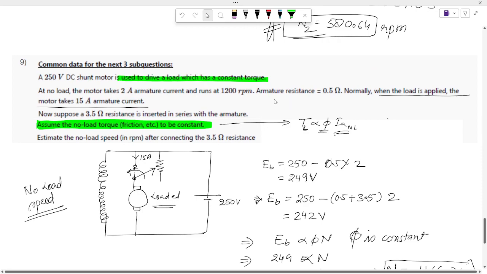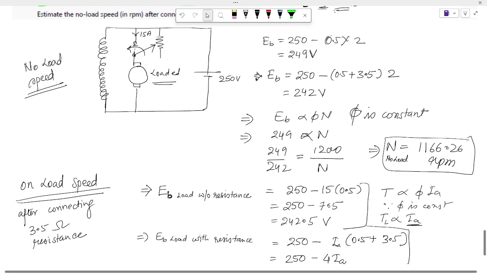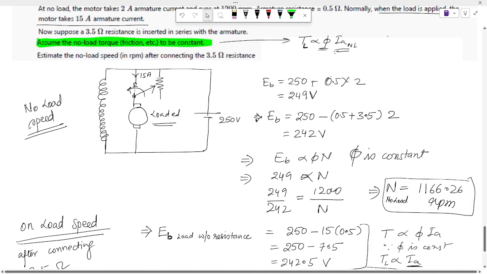Under load, what is the speed? We have 249, then the speed was 1200.